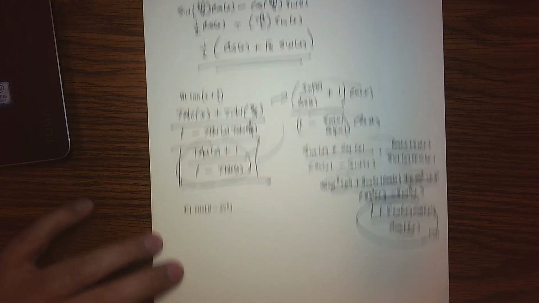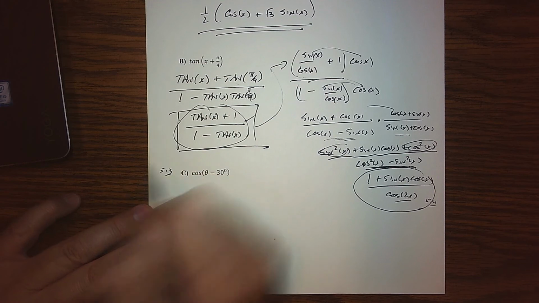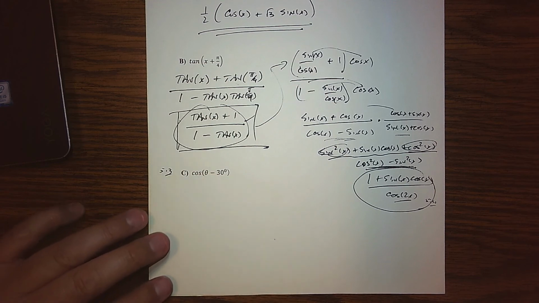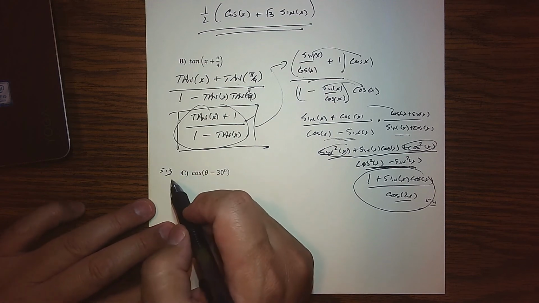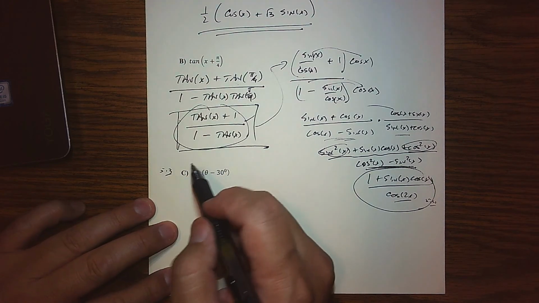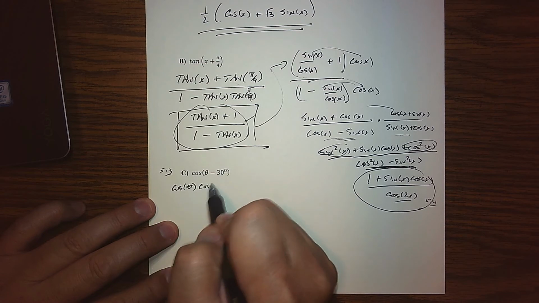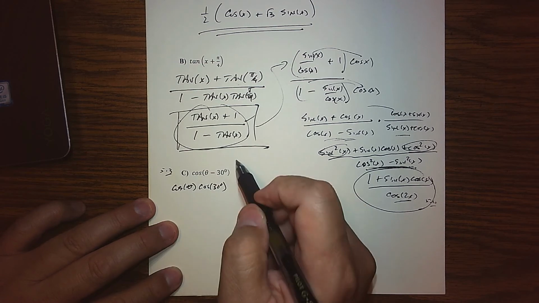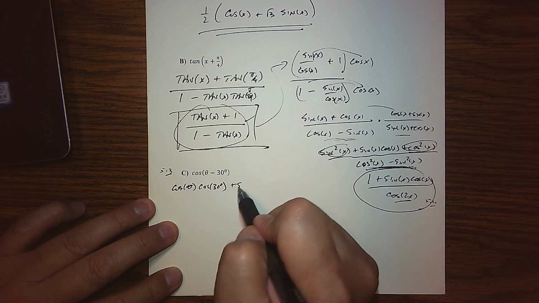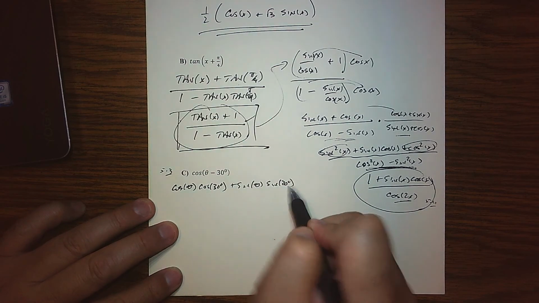All right, next one, we got to go back to 5.3. Making you think a little bit. What's the cosine of theta minus 30? When we take the cosine of a difference, that was basically the cosine of theta times the cosine of 30, plus the sine of theta times the sine of 30.